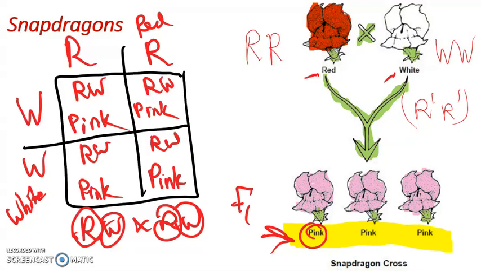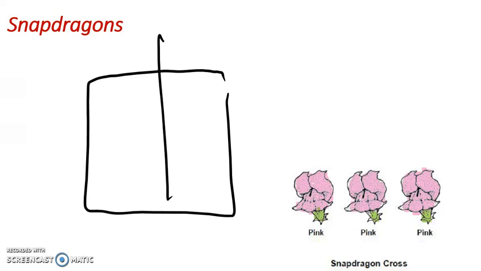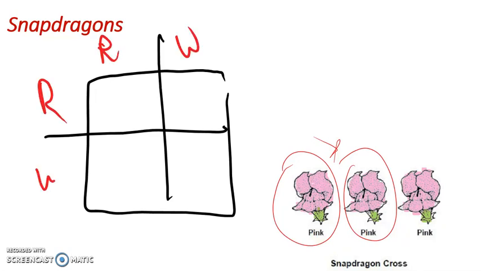We can show that in a Punnett Square. Alright, so we're going to take our incomplete dominant, and we're going to cross the F1 generation to make it F2. So we've got an RW versus an RW.